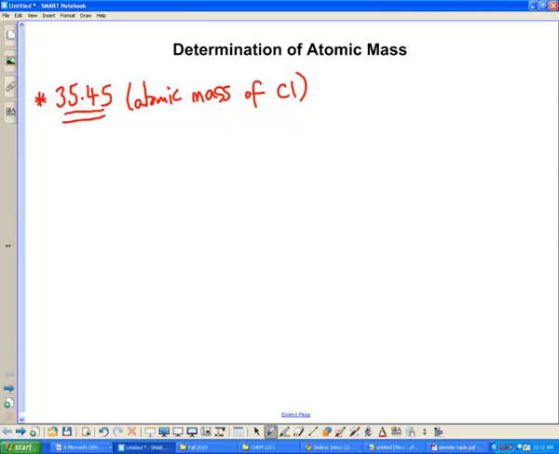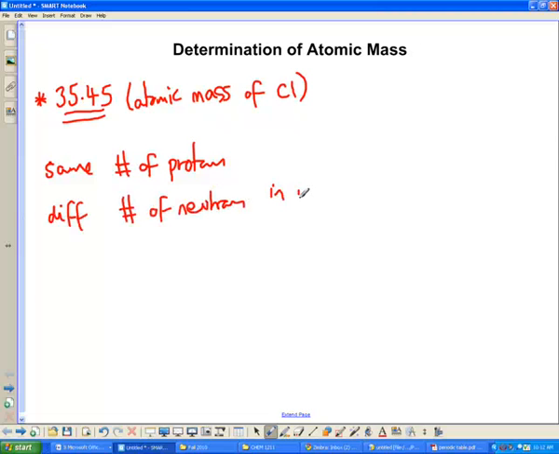For those of you that don't know what isotopes are, isotopes are atoms of the same element that have the same number of protons, but different numbers of neutrons in the nucleus.